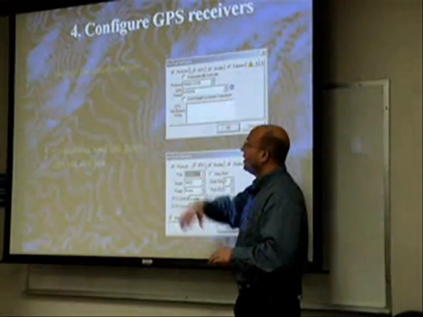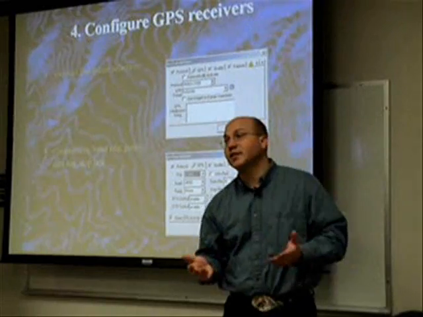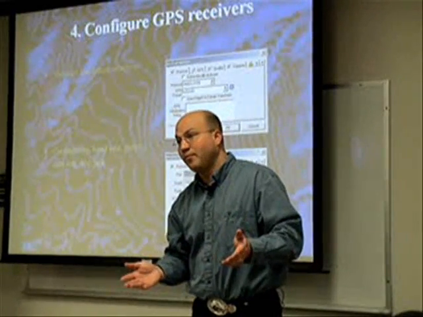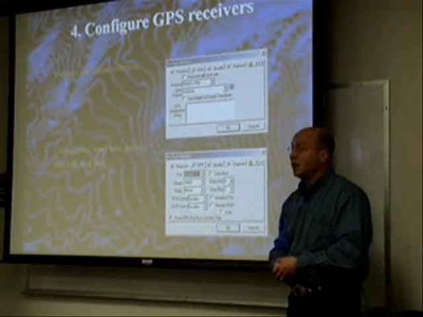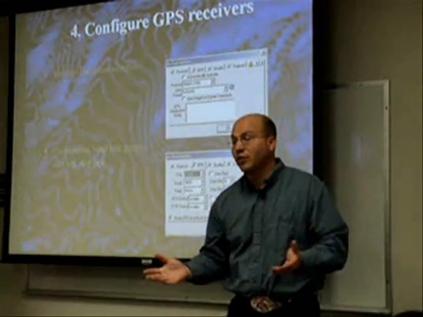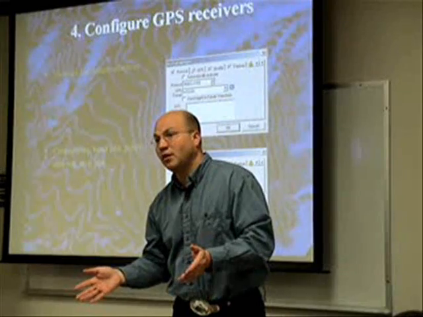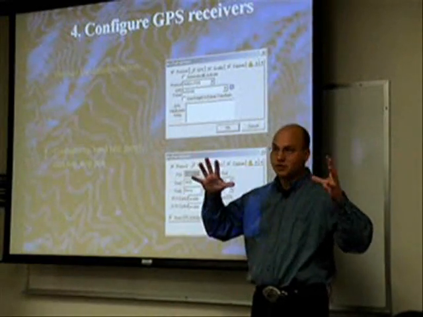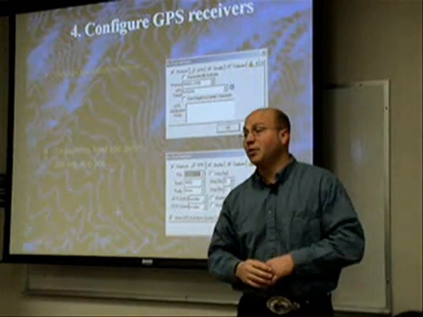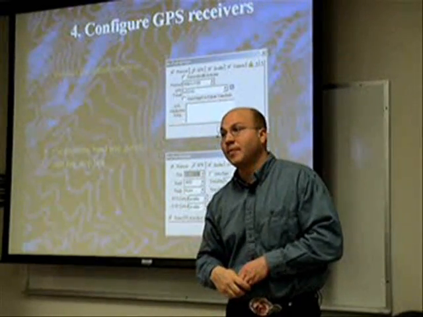Then the GPS datum. The native GPS datum is WGS84. Here, for example, we also use the datum NAD83, North American Datum 83. But the native coordinate system for the GPS satellites is WGS84.